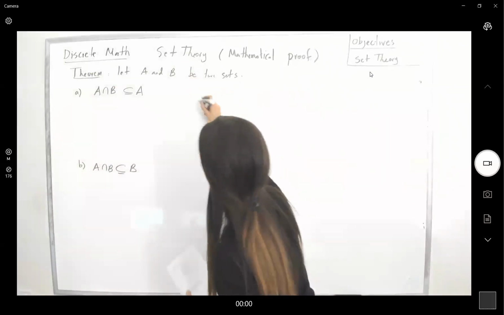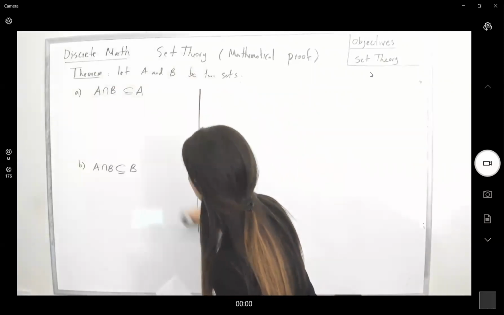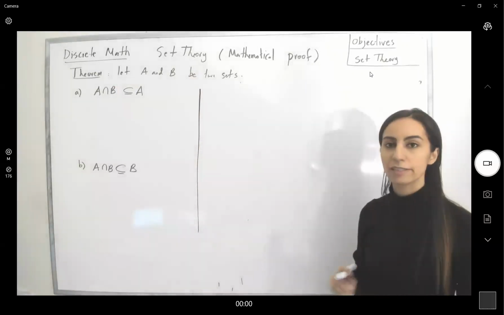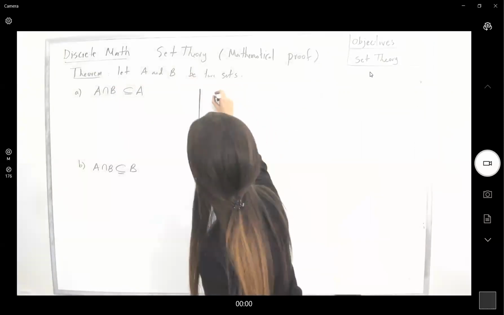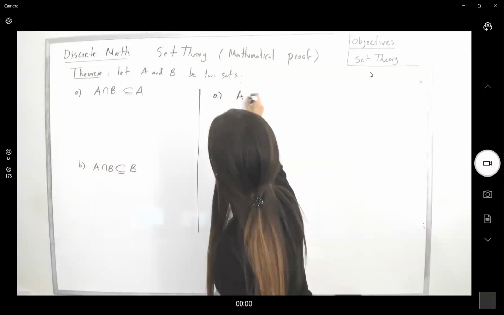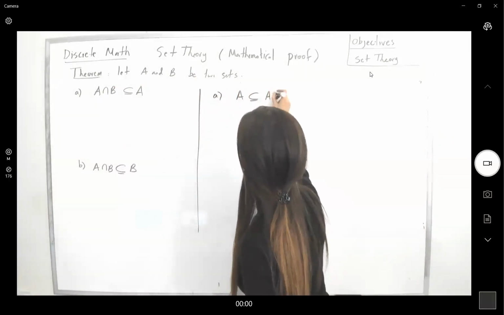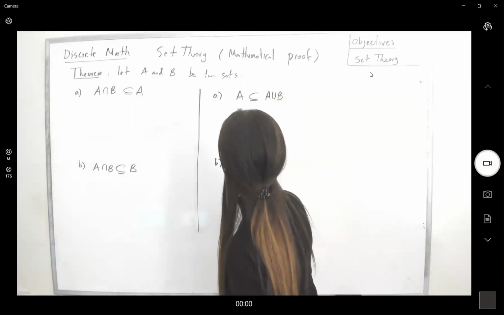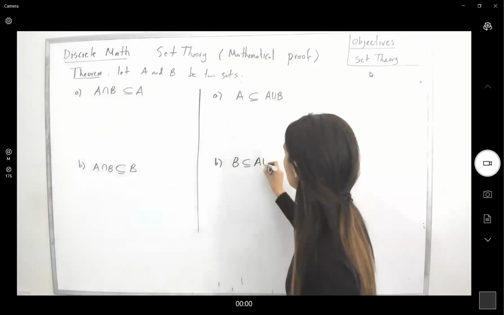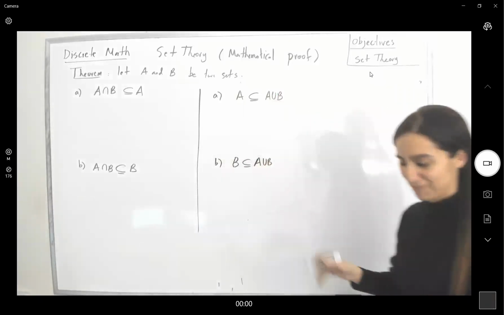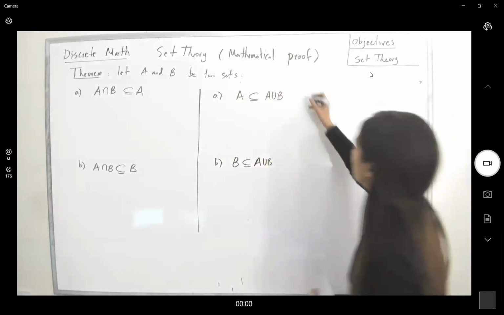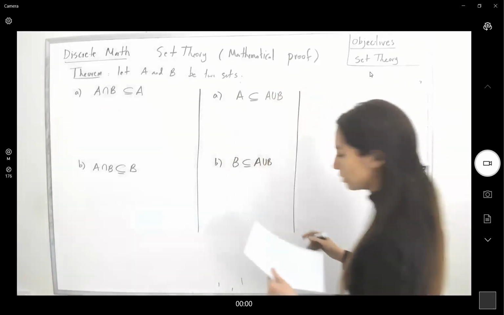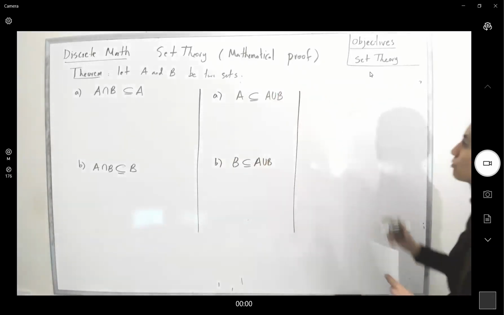Then we have the following. This is related to the intersection. We're going to talk about the union. A is a subset of A union B. B is a subset of A union B. And the last property is the transitive property.